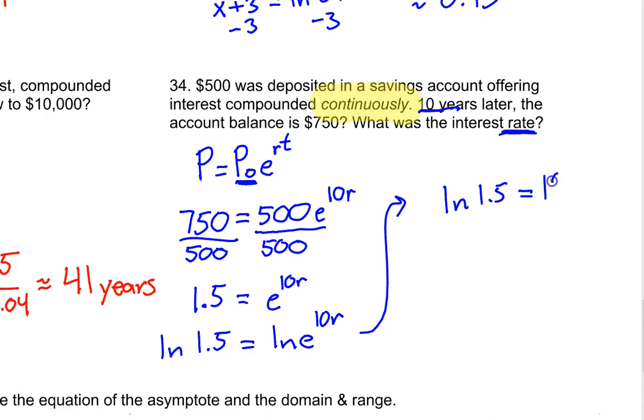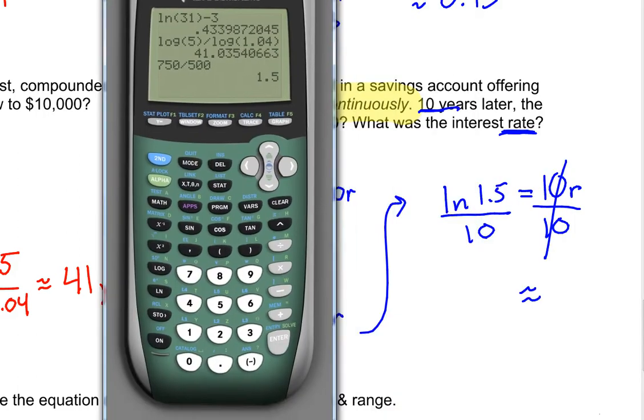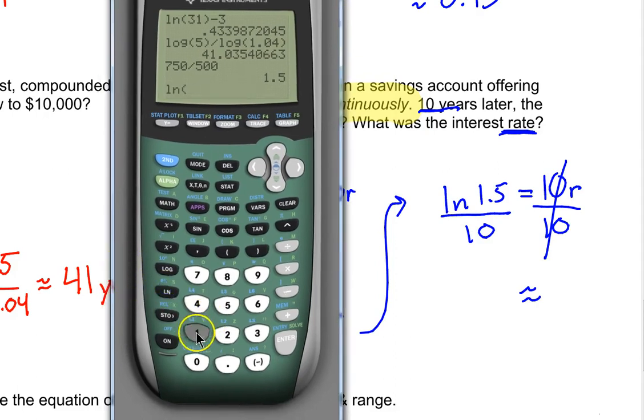In this case, it's 10 times r, and divide both sides by 10. So natural log of 1.5 divided by 10 equals 0.04.